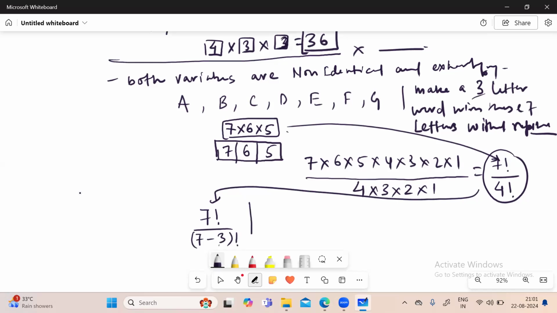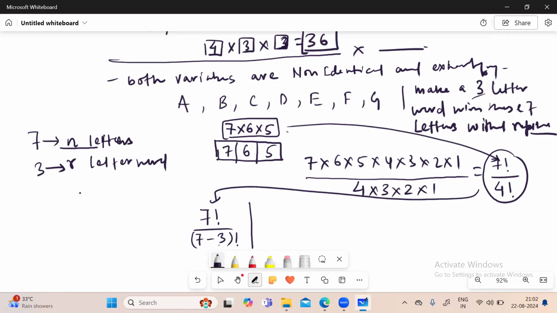Now, if you will generalize the similar situation that there are n letters, तो 7 को हमने n बोल दिया, and you want to make an r letter word, तो हमने 3 को r बोल दिया.